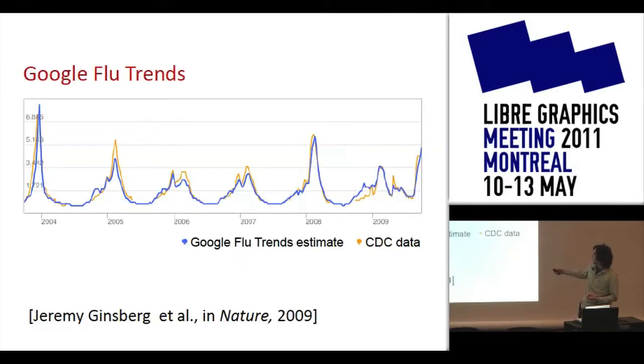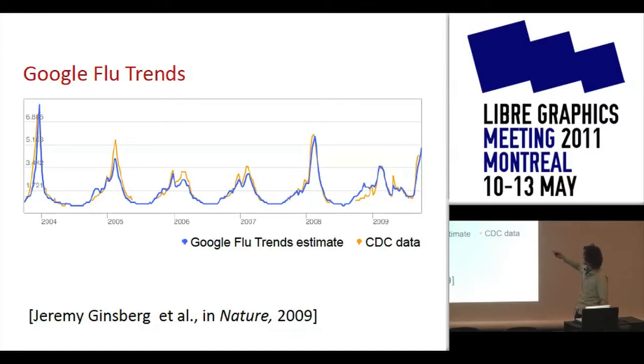To demonstrate that, some of you may have come across this in the past, but Google produced an application called Google Flu Trends, where they look at health-seeking behavior, so searches related to flu symptoms, to try to predict when somebody would go to the doctor and be diagnosed with the flu.